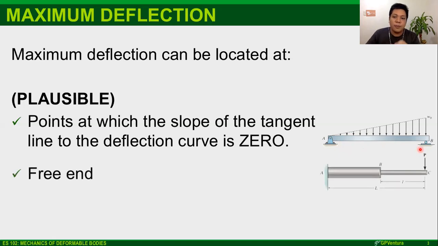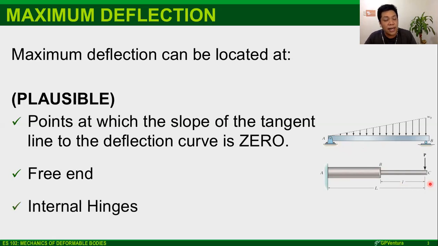The second plausible location is a free end. Where do we normally see a free end? If we have a cantilevered beam, meaning fixed at one end and free at the other, or a simply supported beam with an overhang. And the third plausible location are called internal hinges.